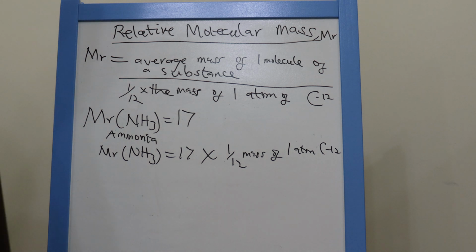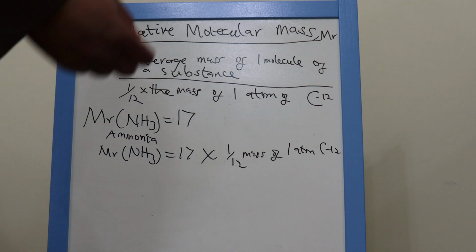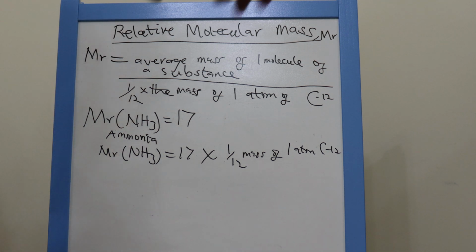Substances which exist as ions, their molecular masses are referred to as formula masses. Ions do have theirs, which is formula masses. Relative atomic masses are used to calculate relative molecular masses.